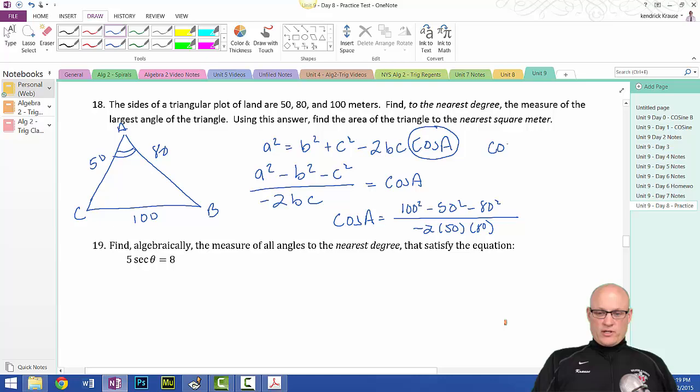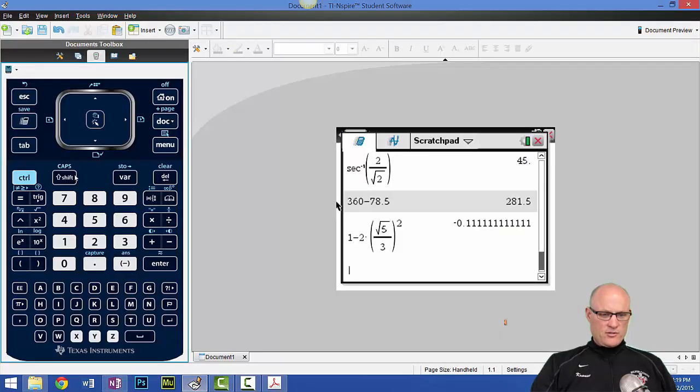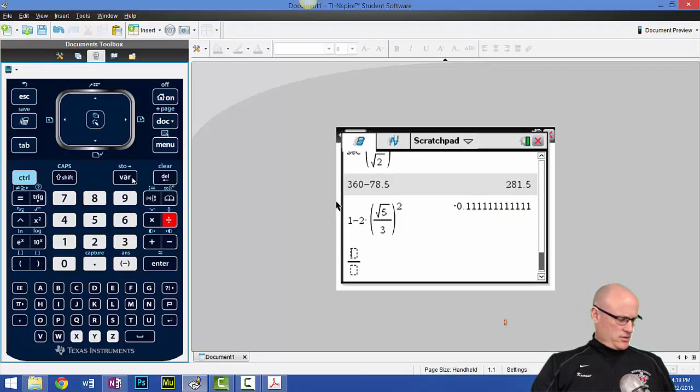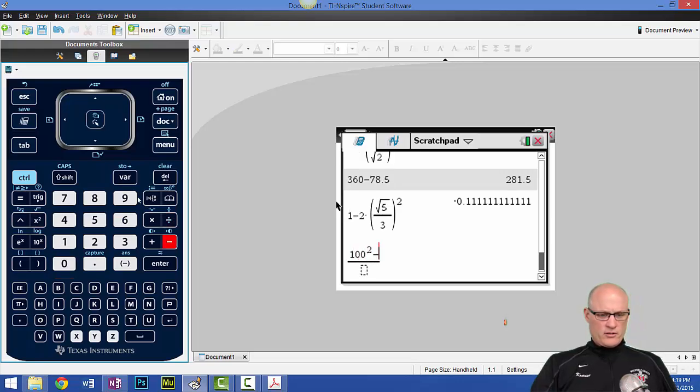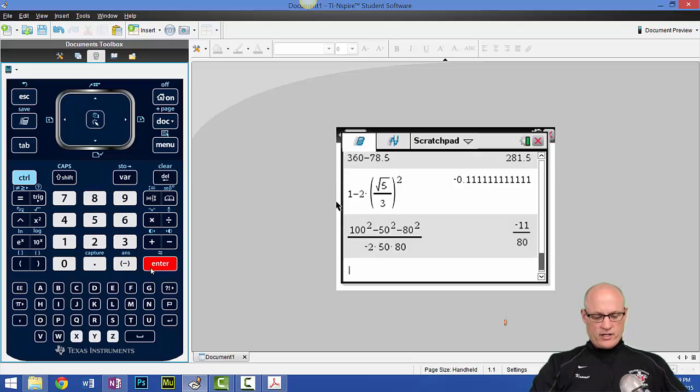Now I'll type this in for you just for fun, and you get negative 11 over 80.